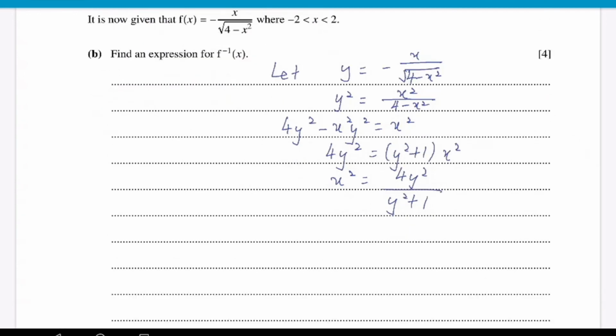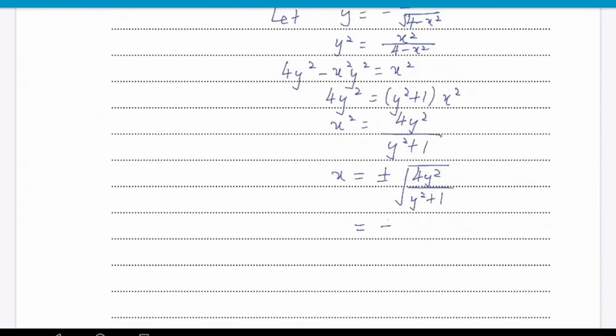You see, you move the square over there, which means that you also need to consider the plus and minus of it. So we get y squared plus 1, and the numerator can cancel off a little bit. So we get plus minus 2y over the square root of y squared plus 1.